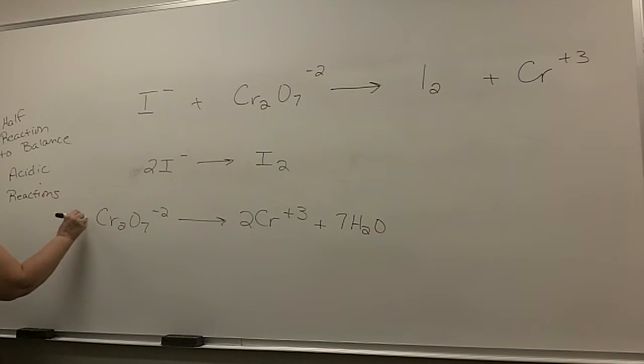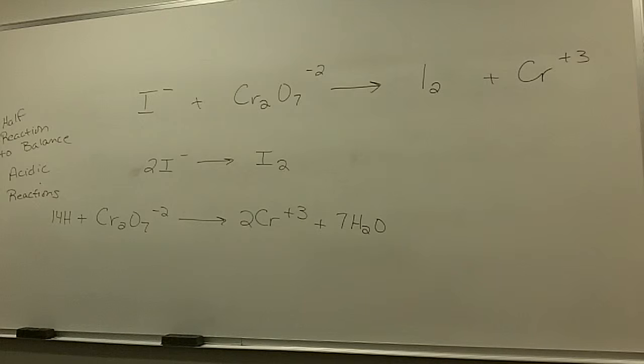Then I'm going to come in and add the 14 hydrogens. How can we add 14 hydrogens instead of 7 H2? Because that's what it says to do. Okay. Because we're balancing just the H ions, not the diatomic element.